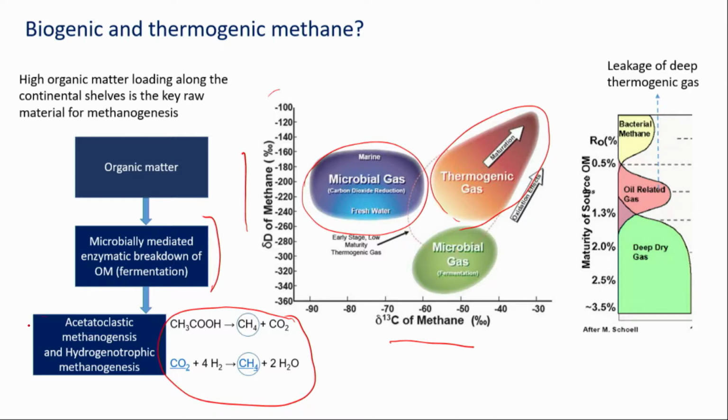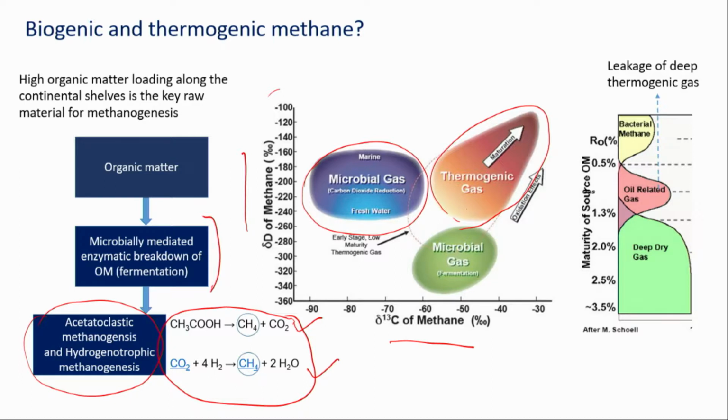So there are two main processes we call acetoclastic methanogenesis and hydrogenotrophic methanogenesis. Acetoclastic methanogenesis is represented by such an equation, whereas carbon dioxide and hydrogen, which is called hydrogenotrophic methanogenesis, are represented by such equations.